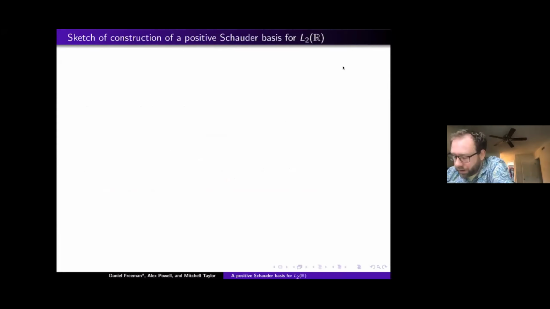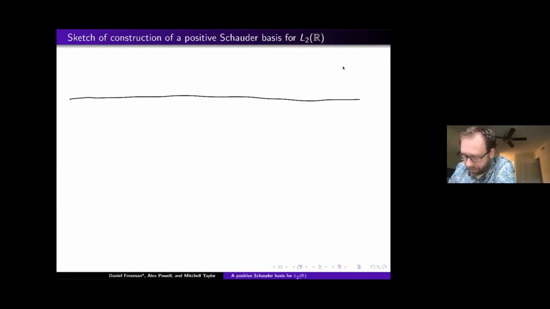So let's look at how that will look. If we want to construct z1 through zn in order to reconstruct the Haar vector, give ourselves a bunch of room. Let's say this is the interval 0 to 1.